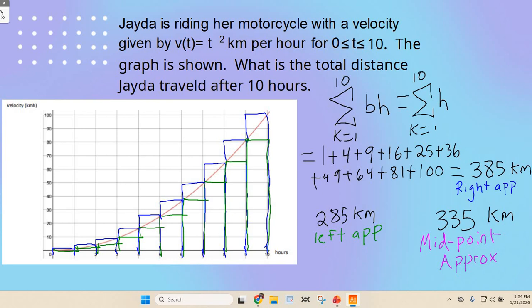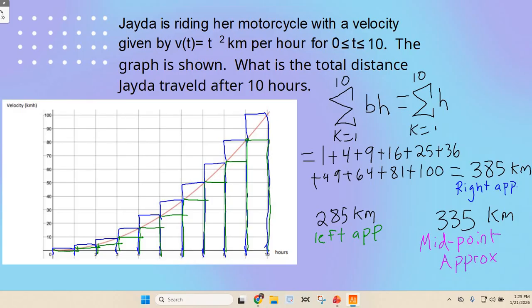No. What did I base my heights off of? The left or right point of my interval. Agreed. But then what did I do with those numbers? How did I get 1, 4, 9, 16, 25, 36? Plug in the function. Yeah, I plugged it into my function.